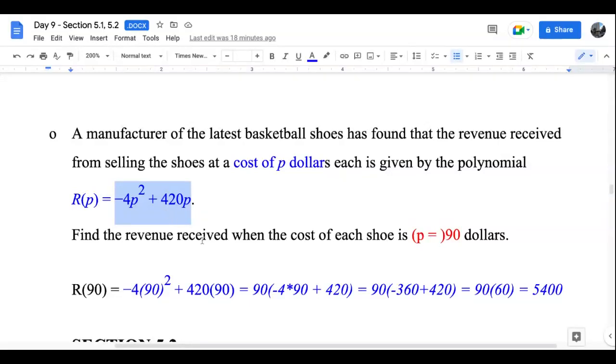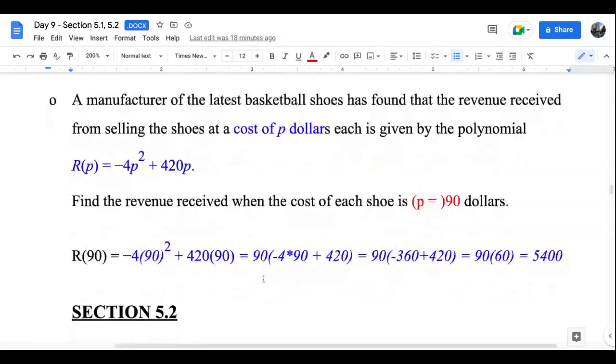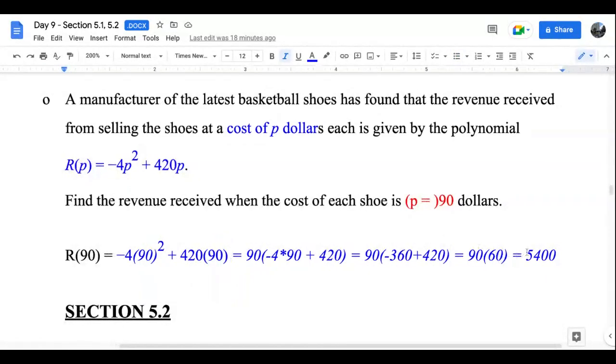We want to find the revenue received when the price of each shoe is p equals $90. So we just plug in 90 for p. We get negative 4 times 90 squared plus 420 times 90. Then we do the calculation, and we get 5,400. Pretty simple, huh?